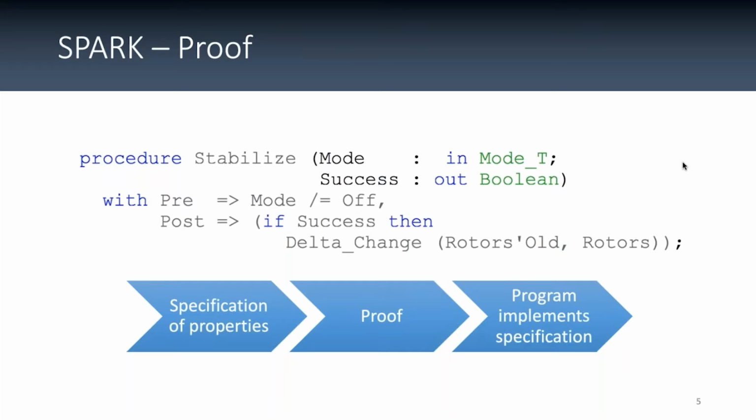There's a conditional expression here that says, in case of success, then we want a special change, which is encoded in this function Delta_Change between the previous value of Rotors, this notation Rotors'Old, and the new value of Rotors, which is a global variable for the power applied to the rotors. Based on these implicit and explicit specifications, the proof part of Spark will analyze the implementation again and check that it matches the specification. Otherwise, you'll get error messages.